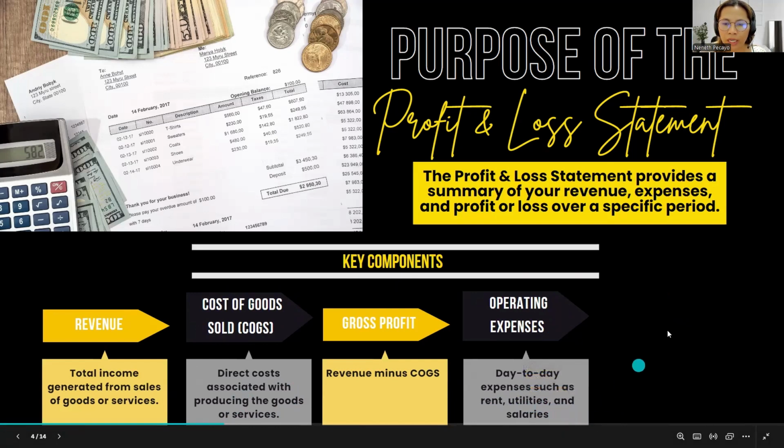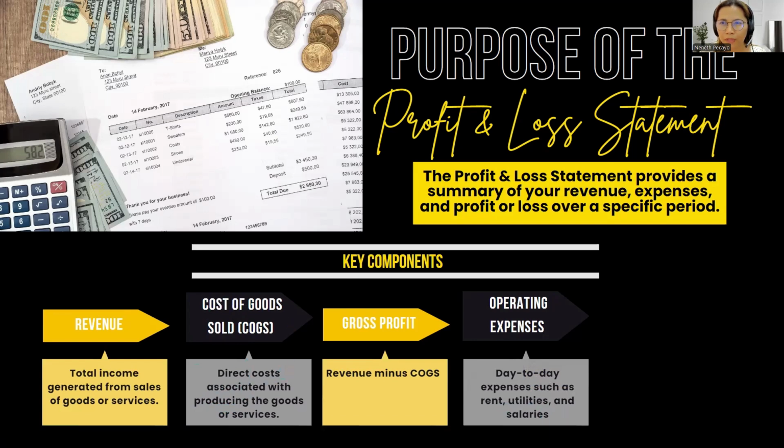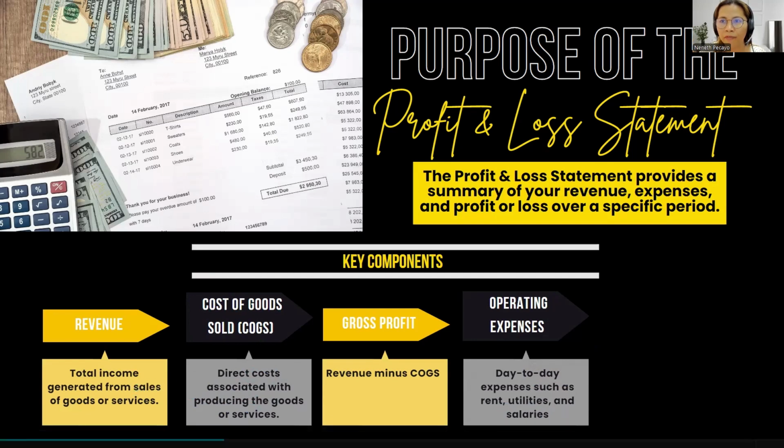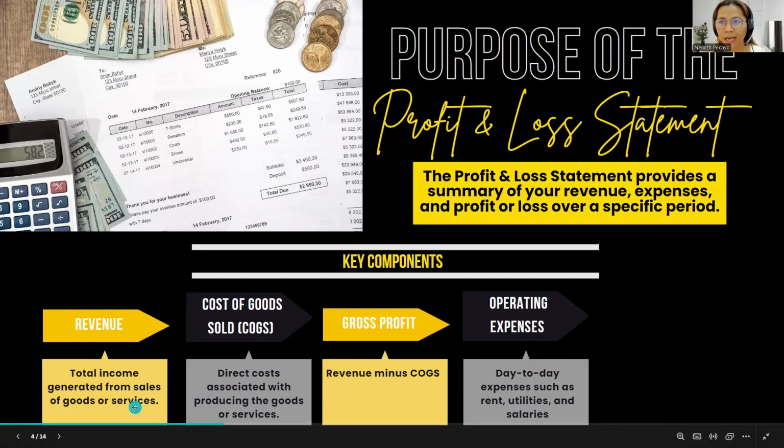I mentioned earlier the salaries. Salaries can also be in cost of goods sold if you're on services, if you use the talents of the people, just like my example, the bookkeeping services.